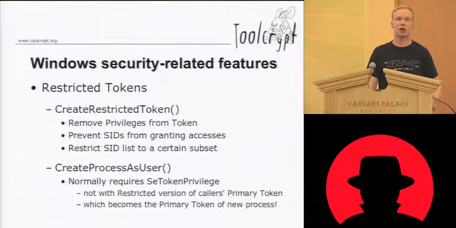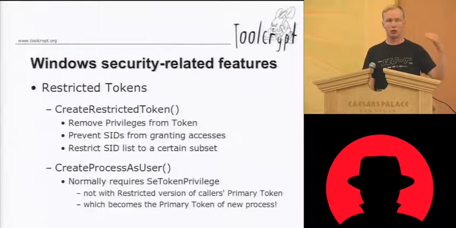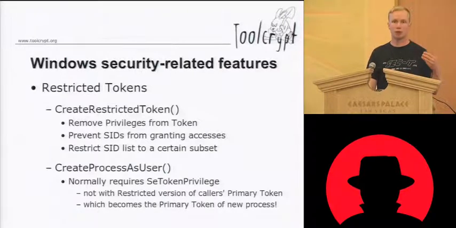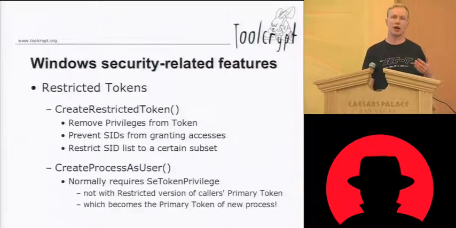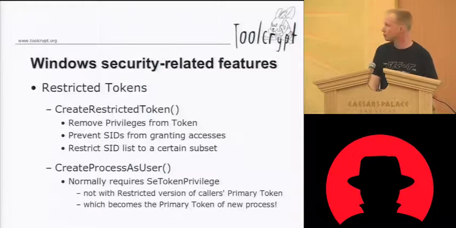So you're basically making certain SIDs in the list restricted, which means that they can only be used to deny access. So when you're walking the access control entries in the DACL for the resource that you've requested access to, it will basically skip all the access granting access control entries and only process the deny access control entries.